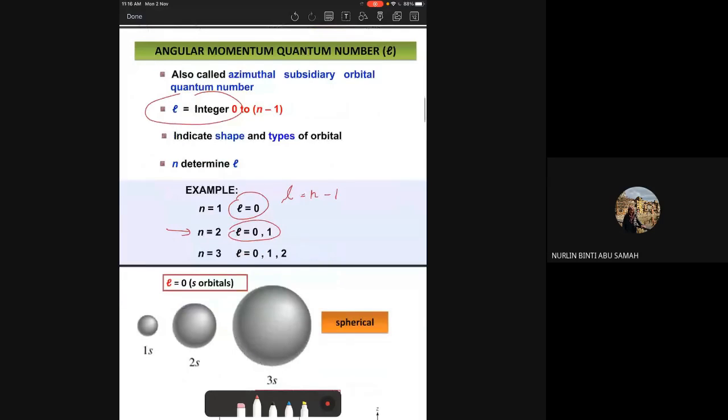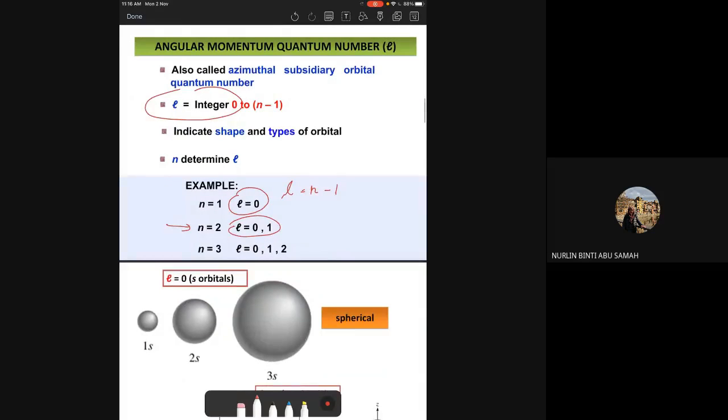Boleh tak? So another important thing, okay, bila L ni contoh L ni kosong, dia adalah S orbital. Kalau dia 1, dia adalah P orbital. Okay, kalau dia 2, dia adalah D orbital. Okay, this thing you need to hafal sikit lah.